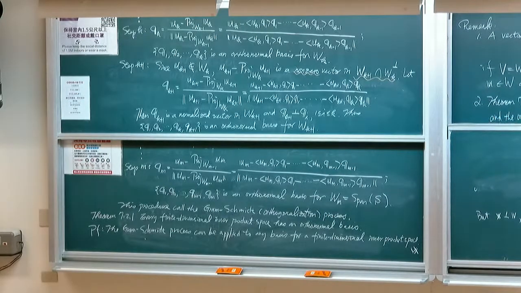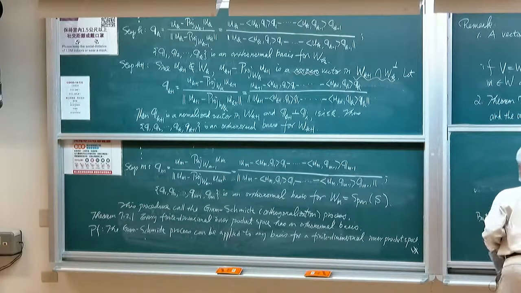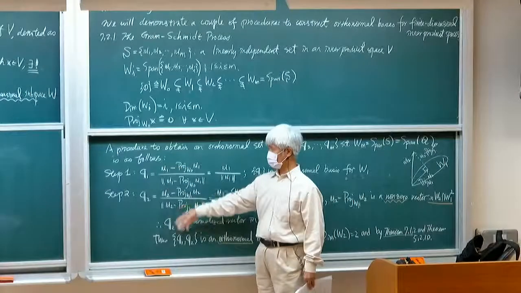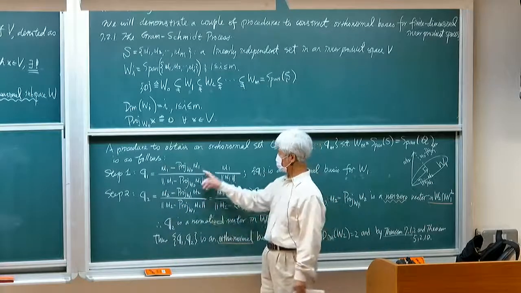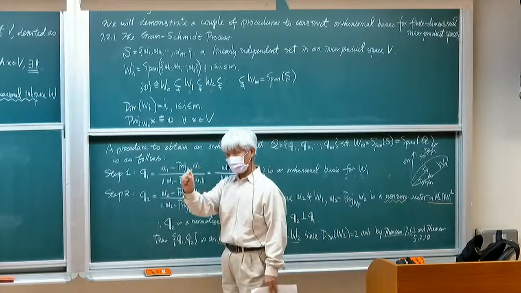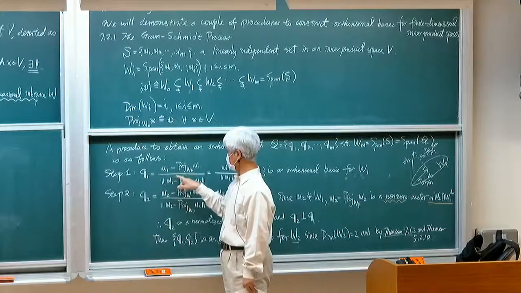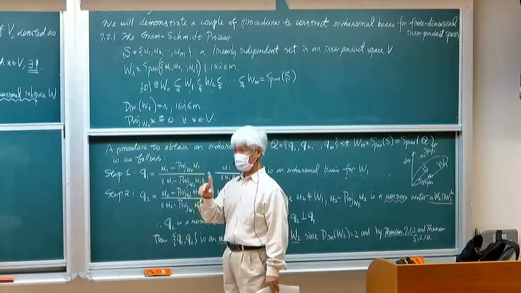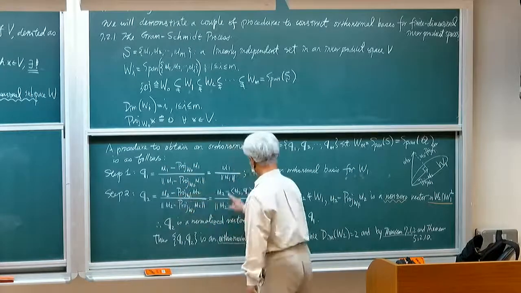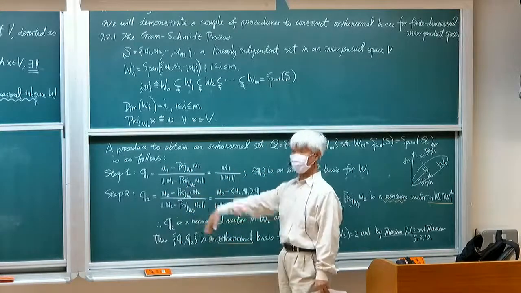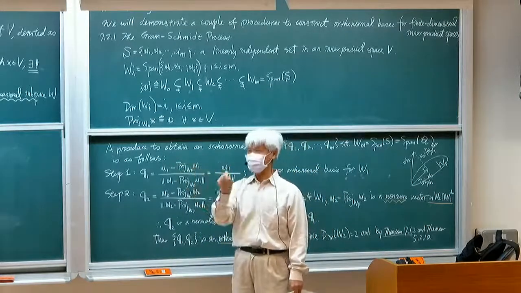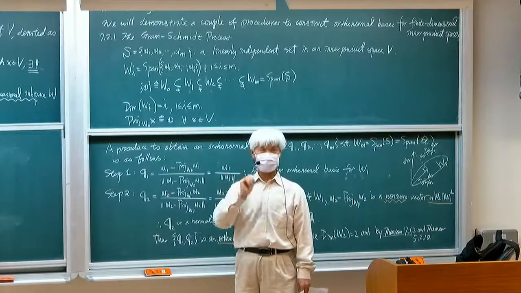If we look at the process, in every step we have to normalize the vector. So if you do hand calculation, usually you will be involved with the square root of something, and you have to carry all the square roots further. So it's cumbersome if you do the process by hand.